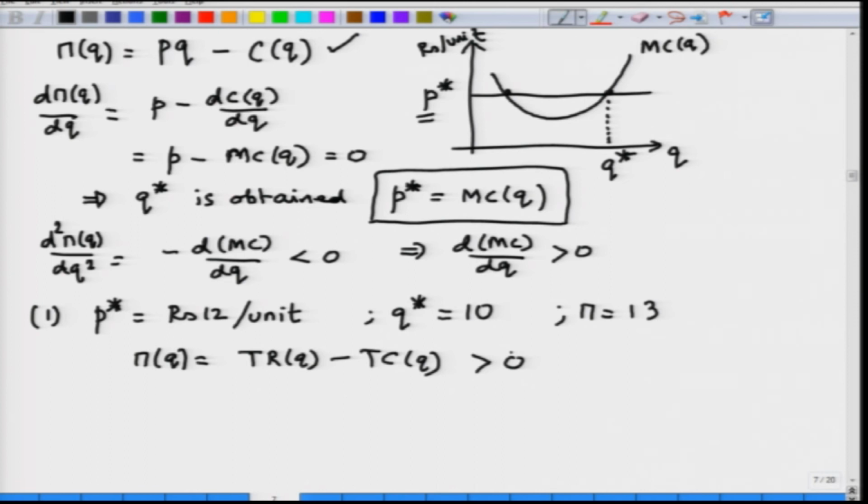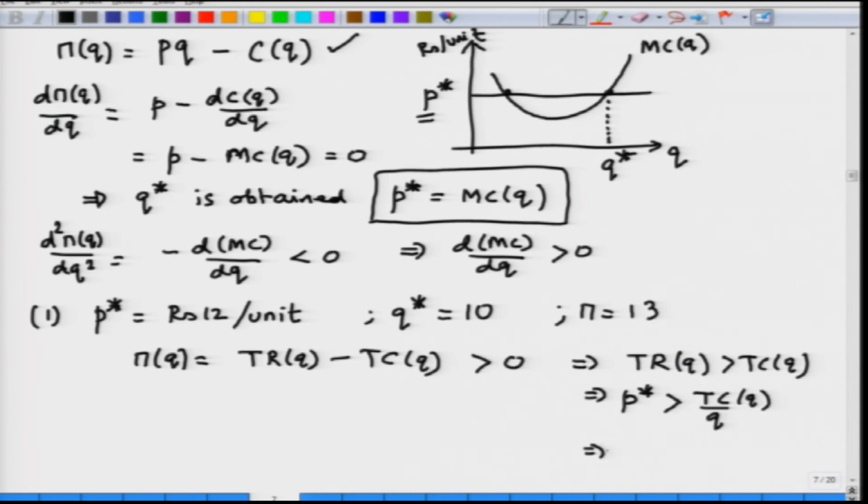Well, the profit will be strictly positive when the total revenue minus total cost is greater than 0, which is to say that the total revenue is greater than the total cost, right. And notice that this firm takes the price as given. So, essentially the price is P star. So, P star times Q is greater than total cost. So, P star must be greater than the total cost divided by Q, or P star must be greater than the average cost.